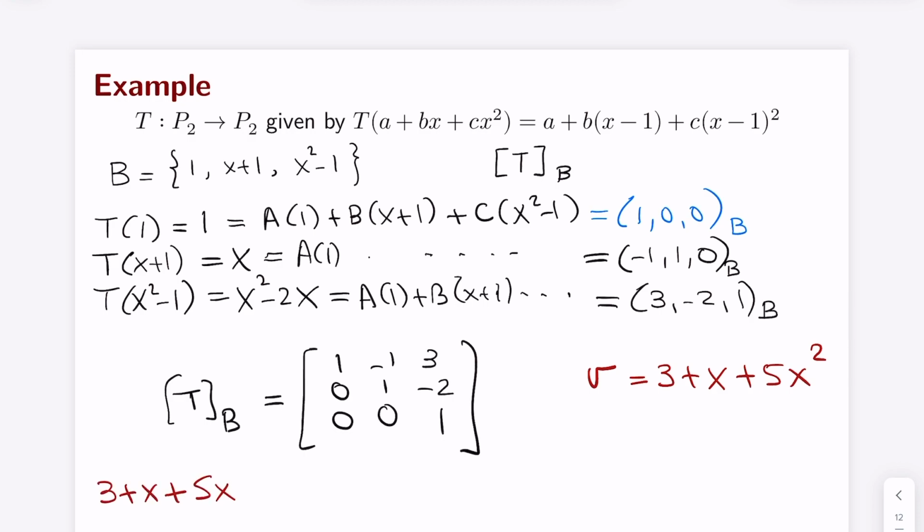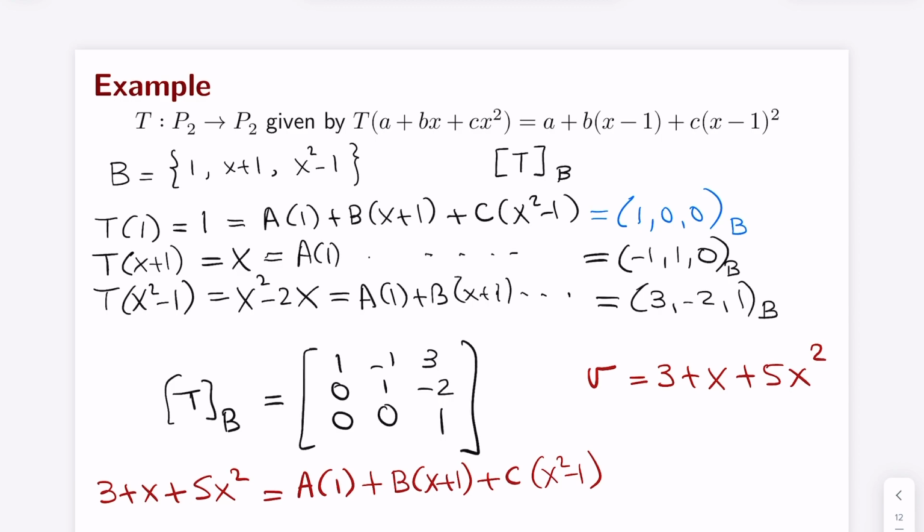This polynomial, how would it be expressed in the base B? Well, we have to find a times polynomial 1, b times polynomial x plus 1, plus c times polynomial x minus 1. And we have to find how much is a, b, and c.